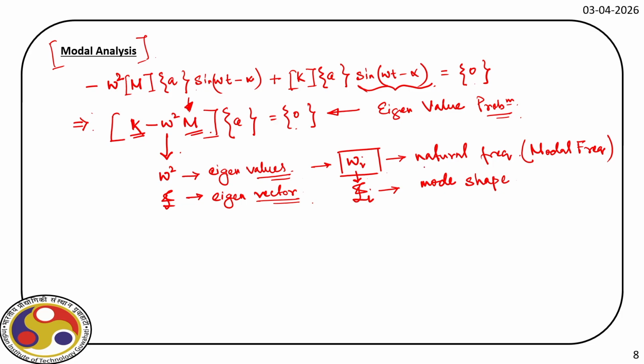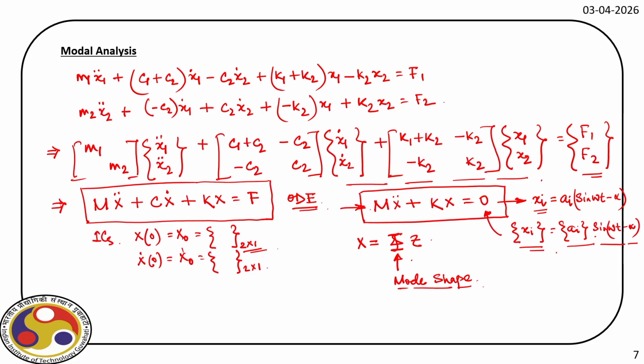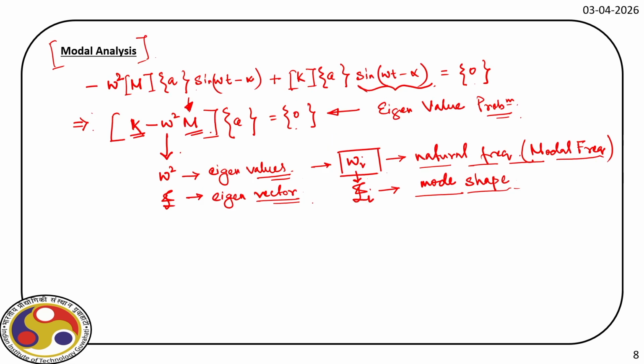The square root of that is the natural frequency or the modal frequency, and corresponding to each modal frequency we get the mode shapes. This mode shape is actually used to uncouple this governing equation. Let us see how to uncouple, and let us consider this equation, because we will also use it for response spectrum analysis.